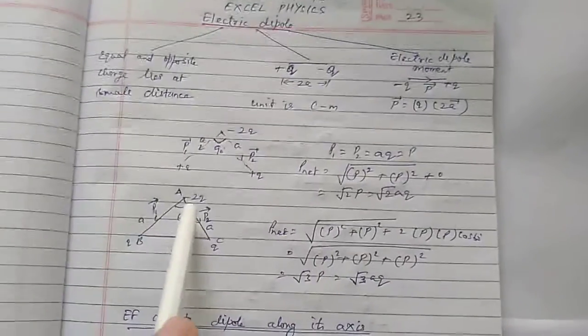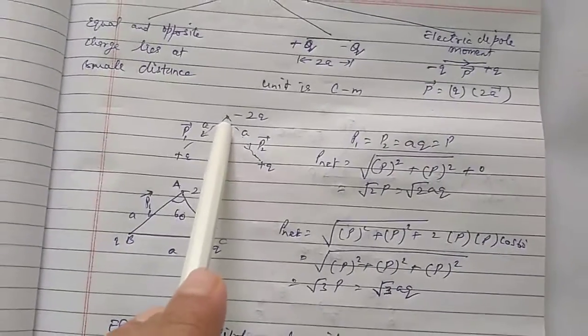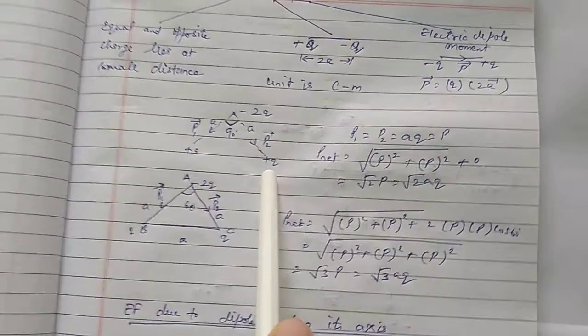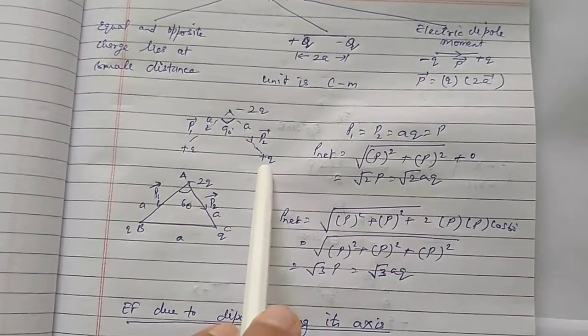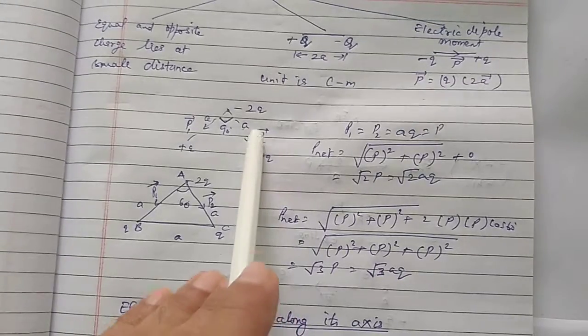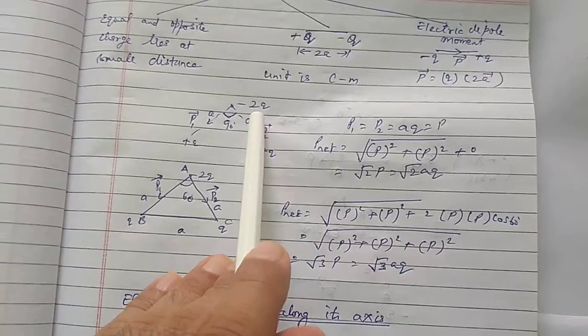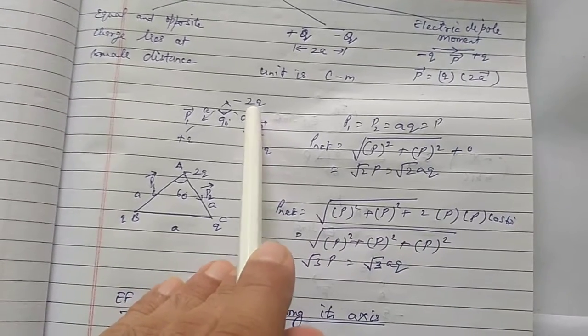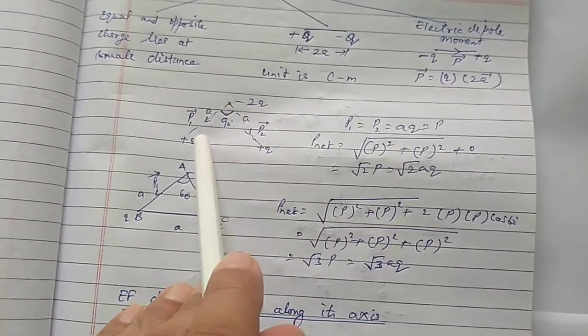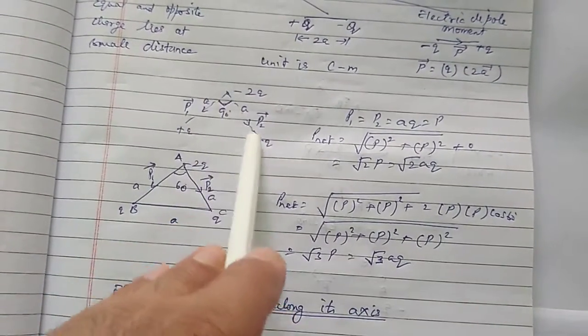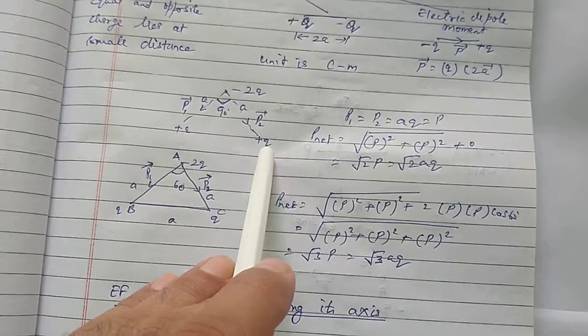Let us take one example on it. I have a charge minus 2Q and here is Q and this is Q. We know that a dipole contains equal and opposite charges. That's why I have to split minus 2Q into minus Q and minus Q. One minus Q will constitute a dipole with this plus Q. Another minus Q will constitute a dipole with this plus Q charge.